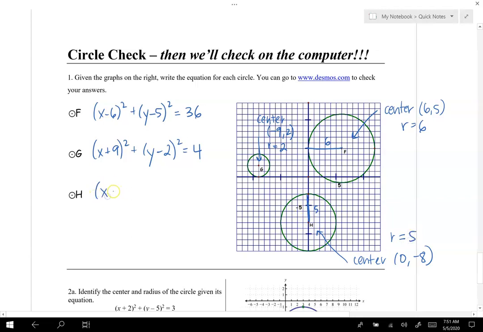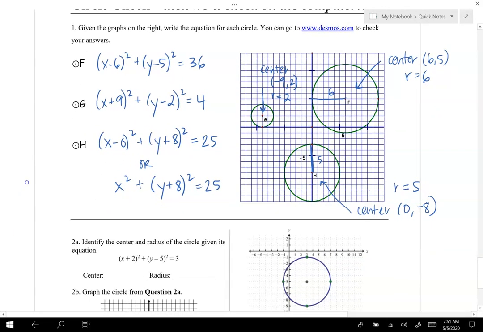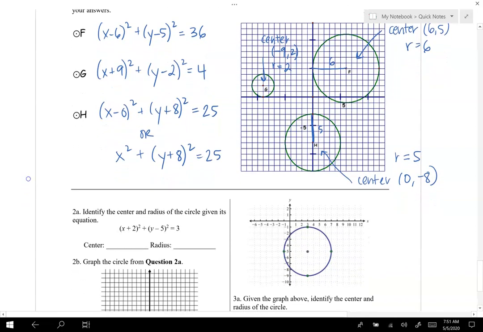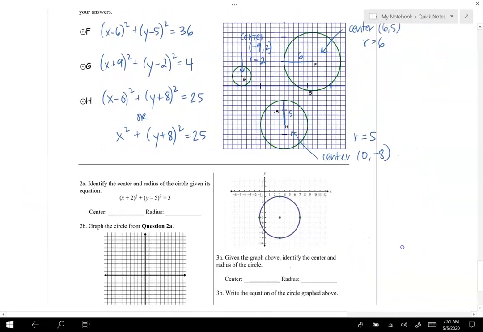I can write (x ± 0)² + (y + 8)², and then square my radius, which is 5 squared, 25. Or I could have just written the x coordinate like that with an x squared there. Okay? Either is acceptable. And when you show me your work, I would take either. Okay? All right, two more practice.